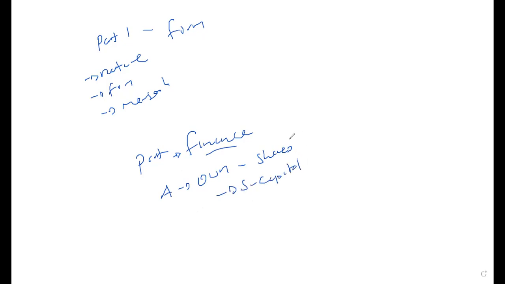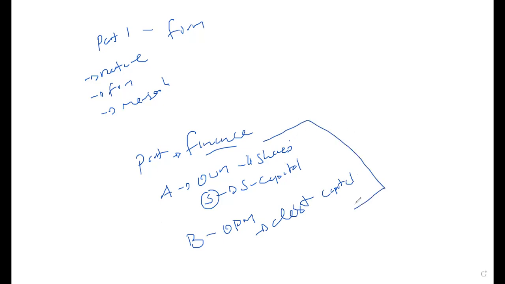In this case, it's losing part of the company to generate income. So this is topic 4, this is topic 5. Or B, you can go with other people's money, which means debt capital, which is topic 6. So these are the things you're going to cover under financing the companies: shares, share capital, and debt capital.